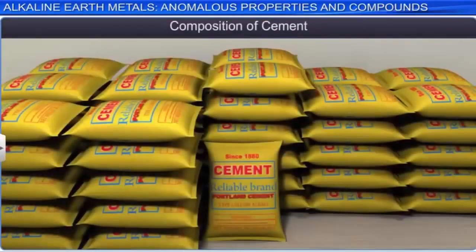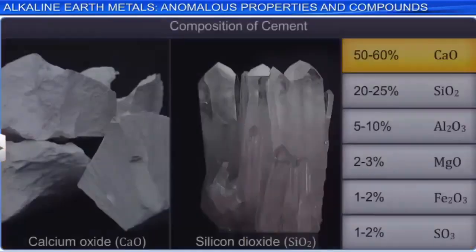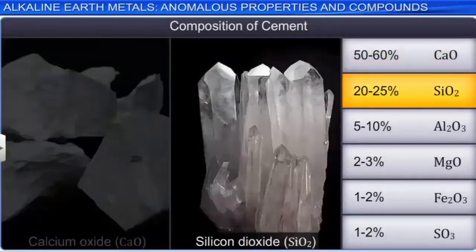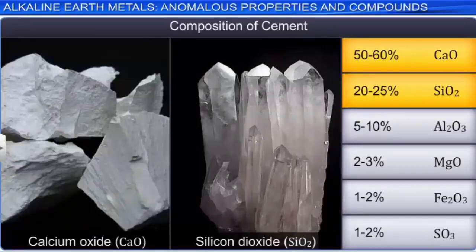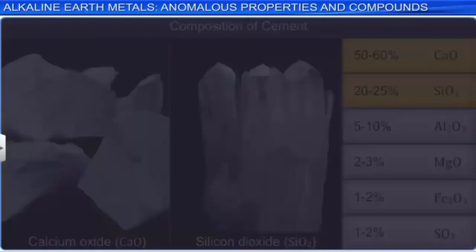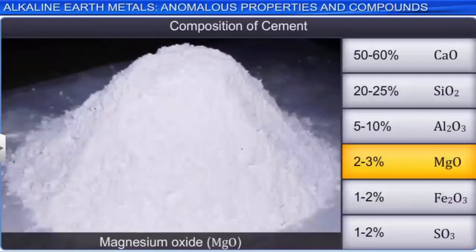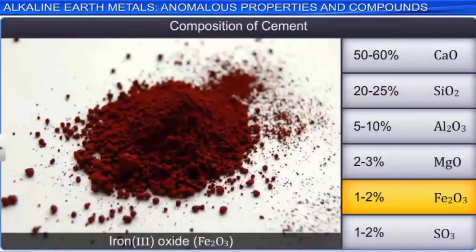Portland cement typically contains 50 to 60% of calcium oxide and 20 to 25% silicon dioxide as its main components. Cement also contains 5 to 10% aluminium oxide, 2 to 3% magnesium oxide, 1 to 2% iron 3 oxide, and 1 to 2% sulfur trioxide.